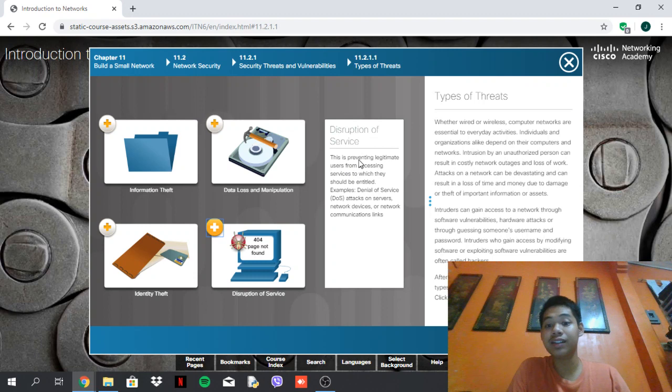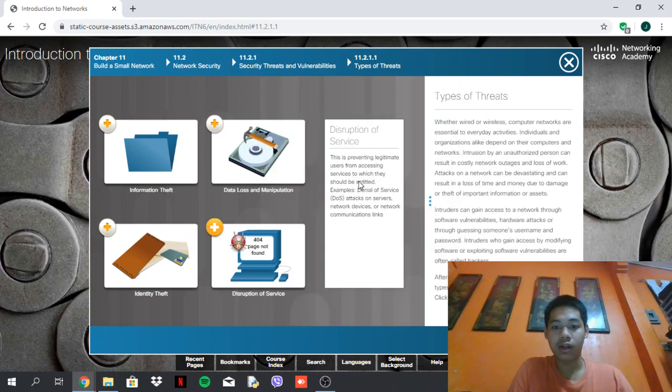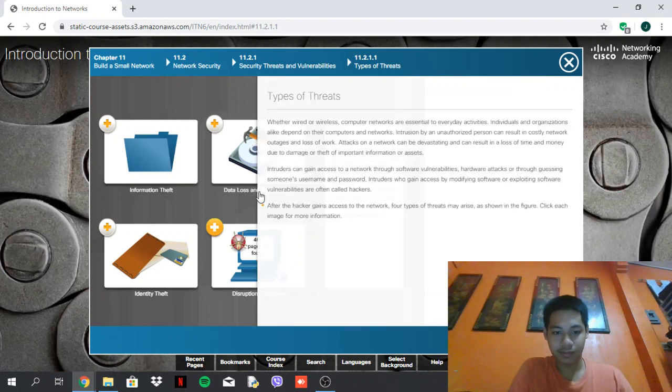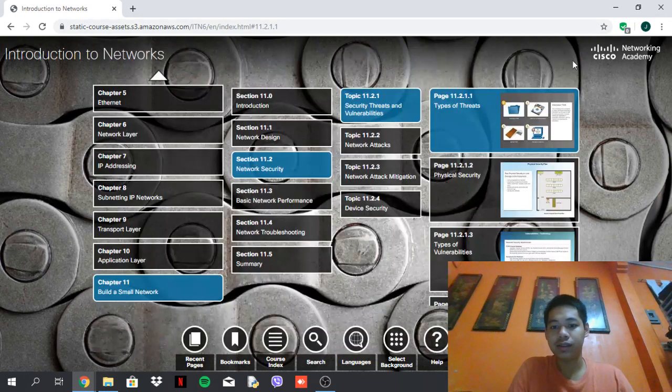This is preventing legitimate users from accessing services, such as denial of service attacks on servers, the network service, or network devices. So these are the four types of threats.